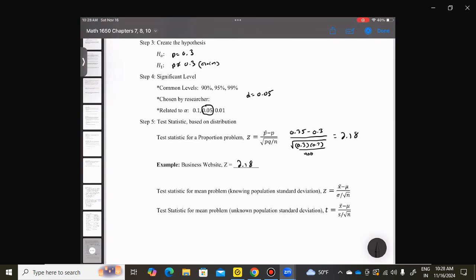Now, when we get into problems involving the mean, your test statistic could include either your z-score or your t-score. It all depends on if you know the population standard deviation. If you do know it, then it's a z-score, and it looks very similar to what we just did, but notice it includes the population standard deviation in the bottom.